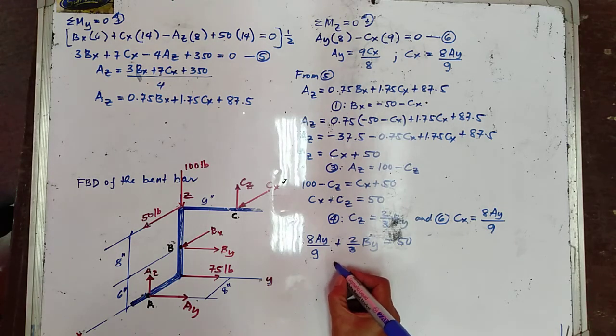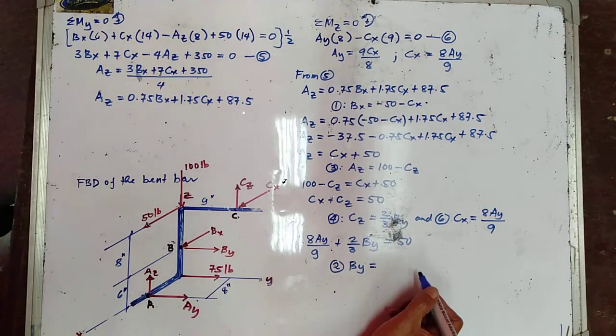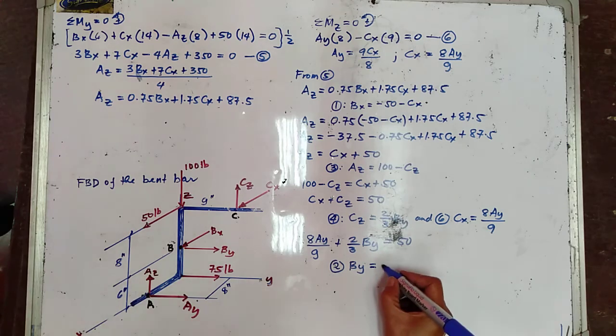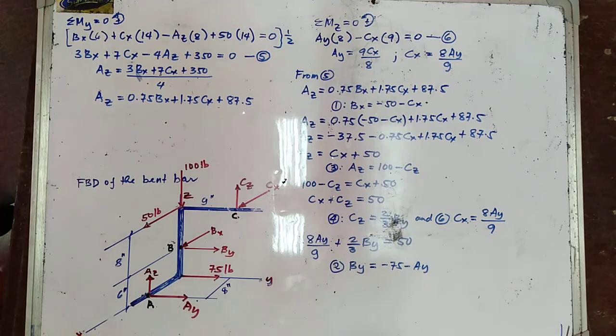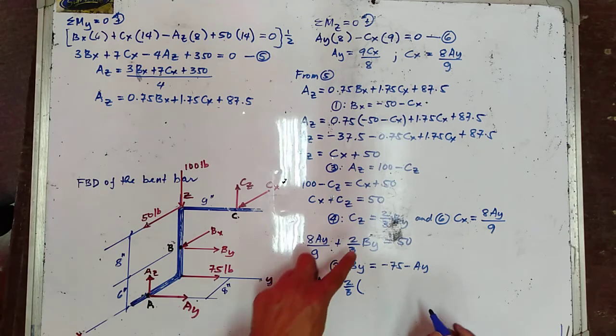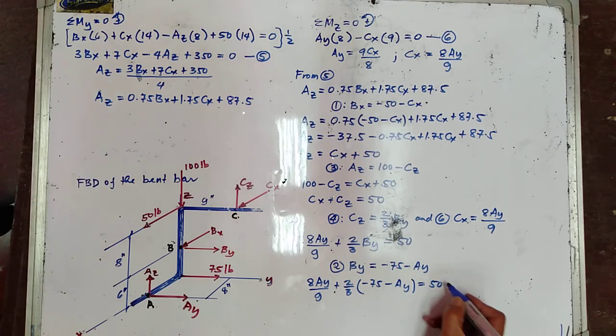Now, from equation 2, your BY is equal to minus 75 minus AY. Substitute BY in this equation. So we now have 8AY all over 9 plus 2/3 times (minus 75 minus AY) is equal to 50.